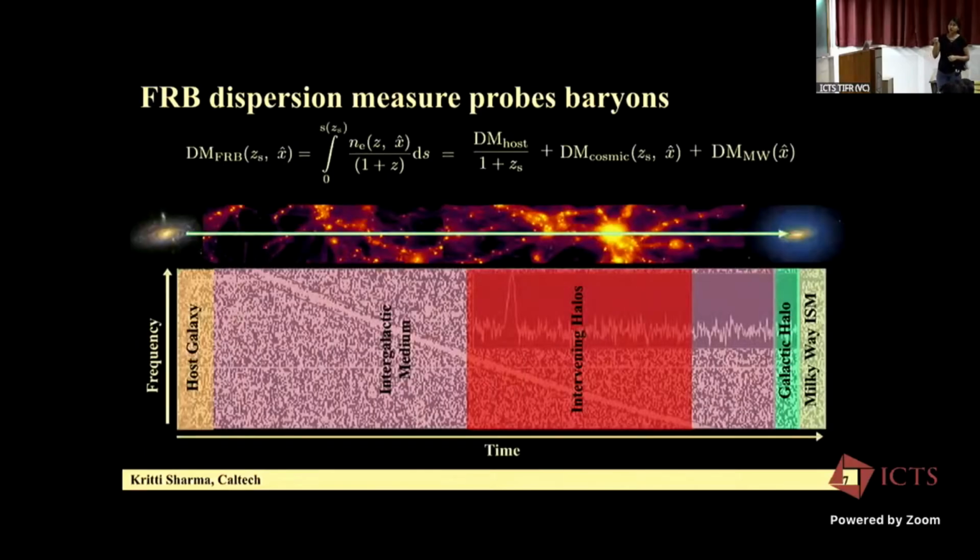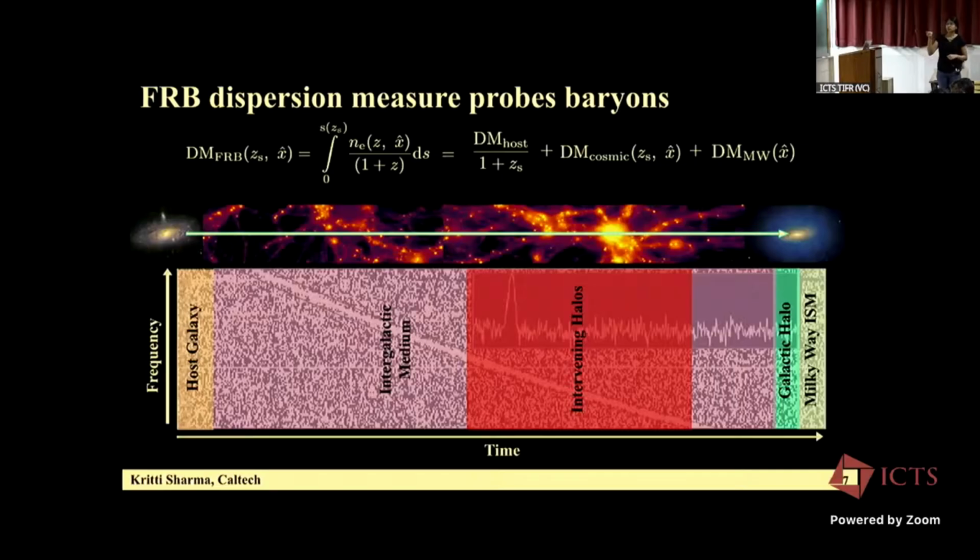If you look at the FRB sight line, beginning from the FRB location, you expect to have some contribution from the host galaxy. Then the majority contribution, depending on the redshift of the FRB, could be from the IGM or the intervening halos. Finally, there is some contribution from our own Milky Way galaxy halo, as well as its ISM.